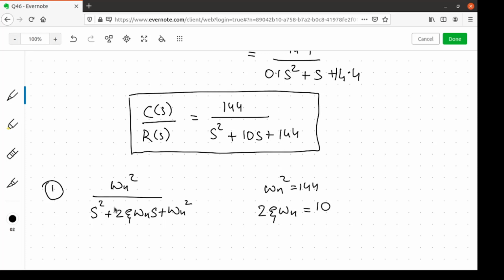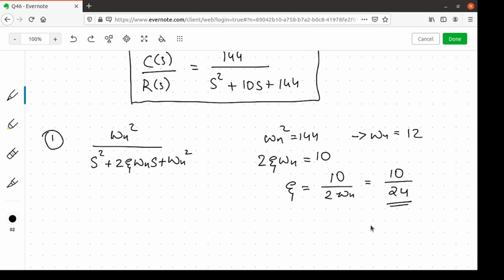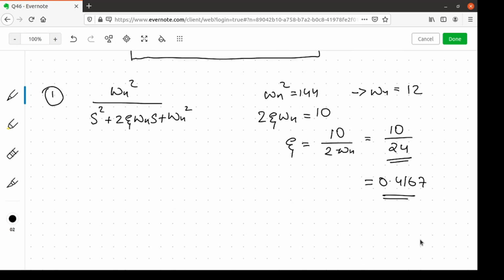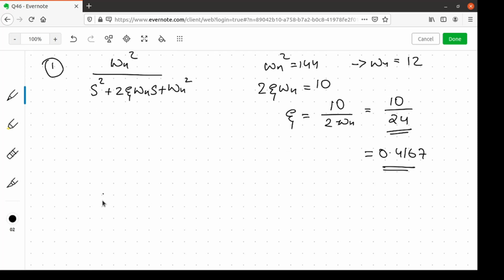So these are the coefficients. So now you can find omega n equals 12, and if you substitute in this, you get zeta equals 10 divided by 2 omega n, which is equal to 10 by 24. So that turns out to be 0.4167.